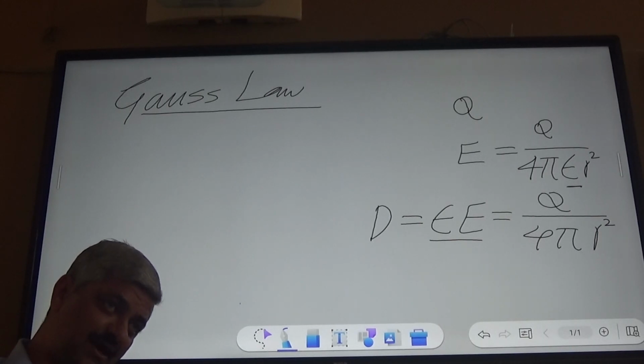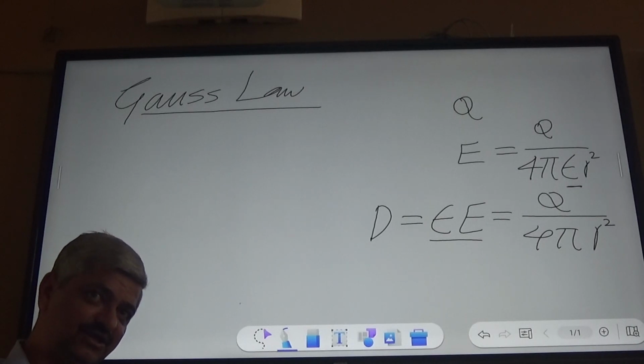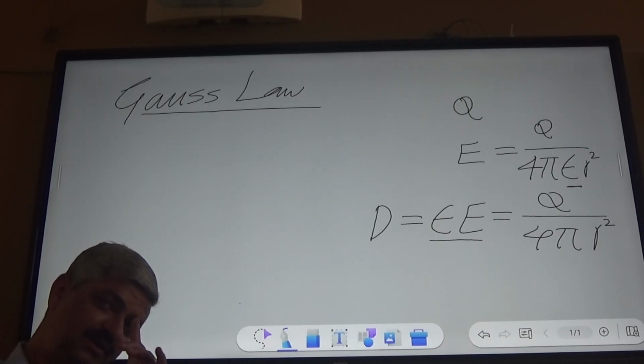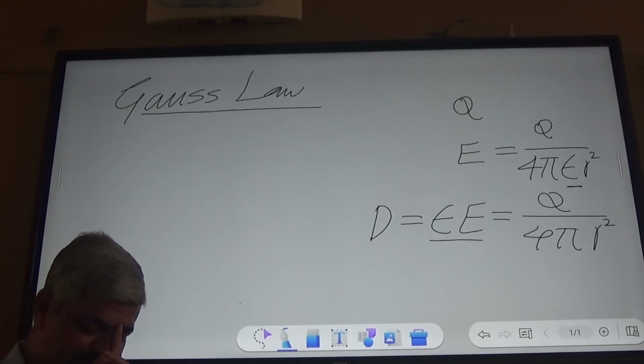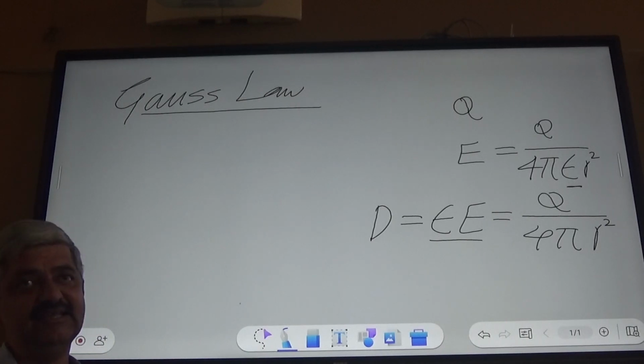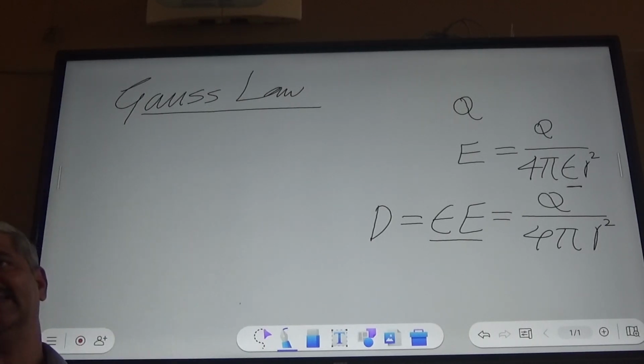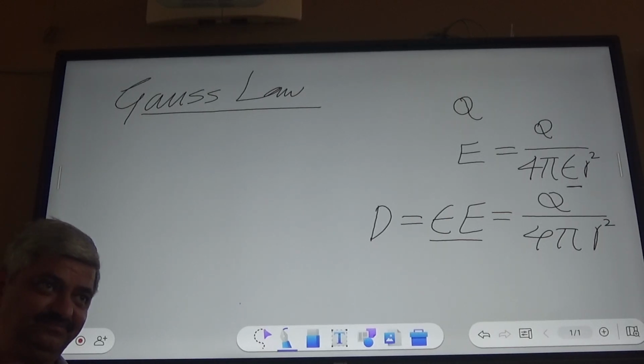Collection of uncountable infinite points, it's a very meaningful term, in a particular manner leads to a line. When it leads to a line, it gets length.